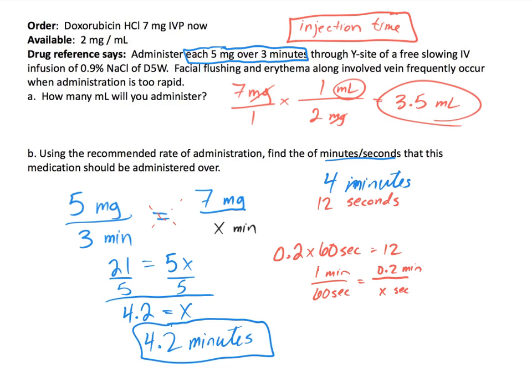So this is the proportion that we could solve, and you could cross multiply, and you get 12. So we just calculated that this patient needs to be receiving the medication over a period of time of 4 minutes and 12 seconds. Let's look at one more example.